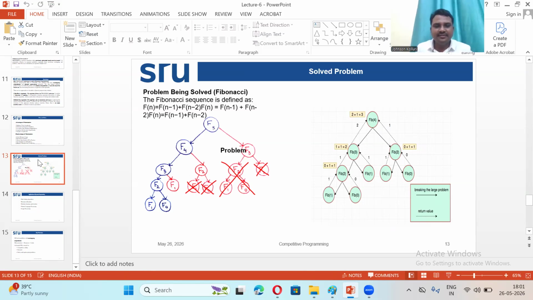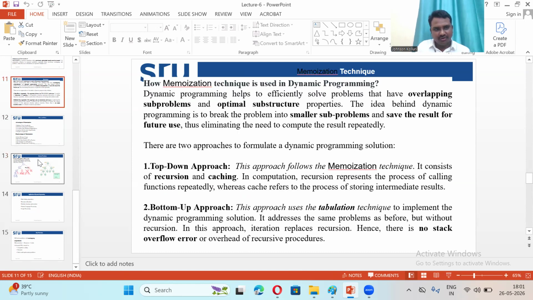The example we took is the Fibonacci sequence. Next we will solve knapsack problems and shortest path algorithms in the next classes.